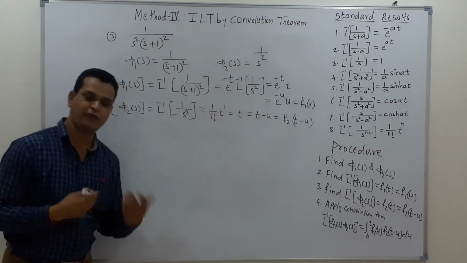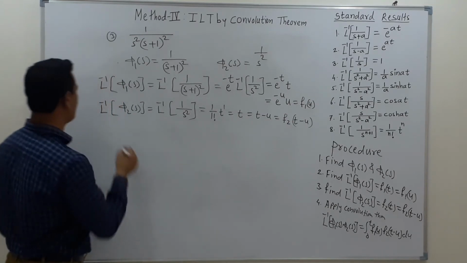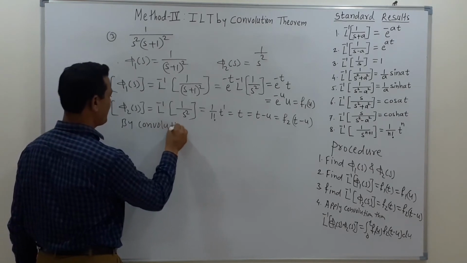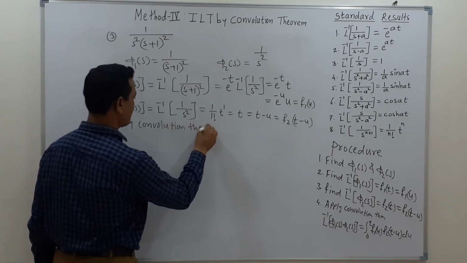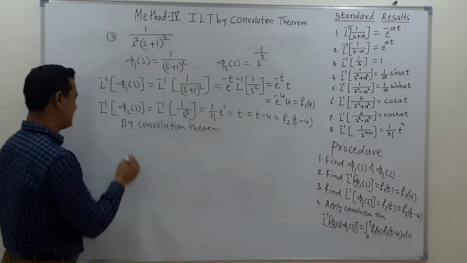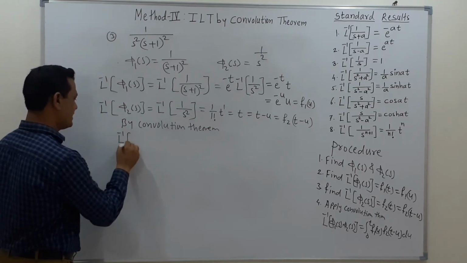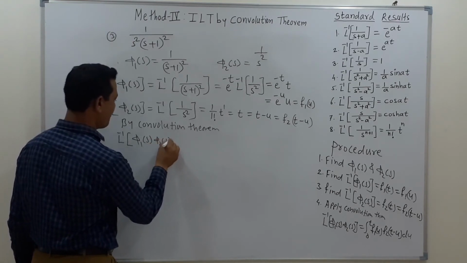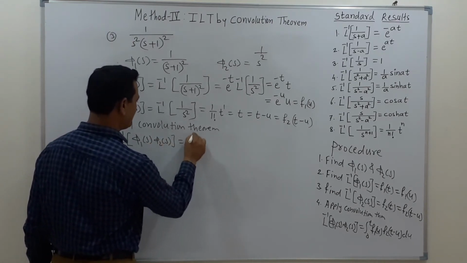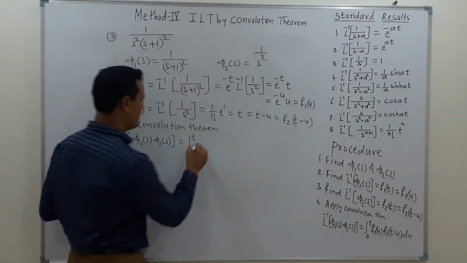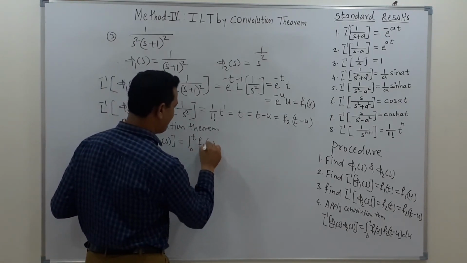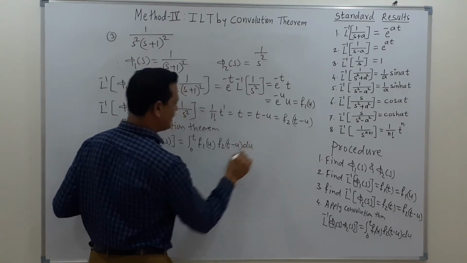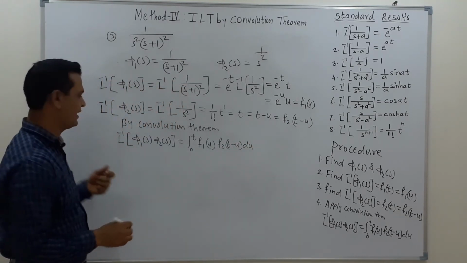Now let's apply the fourth step, which is called the convolution theorem. By convolution theorem, we can write inverse Laplace transformation of phi 1 into phi 2 of s is equal to integration 0 to t, f1 of u, f2 of t minus u du. Now put the value of f1 and f2.